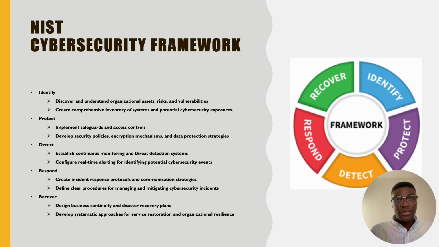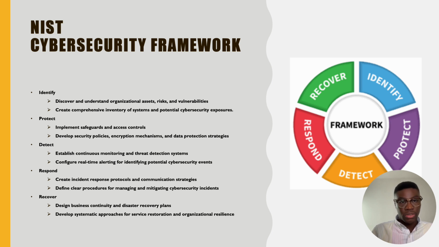The first function in the NIST is to identify. When you identify, it means you're discovering or understanding the organization's assets, the risks and the vulnerabilities. When we talk about assets in the cloud, we need to identify the entire asset, everything that the organization has in the cloud. Then we assess the risks that can affect those assets, and we determine the vulnerabilities.